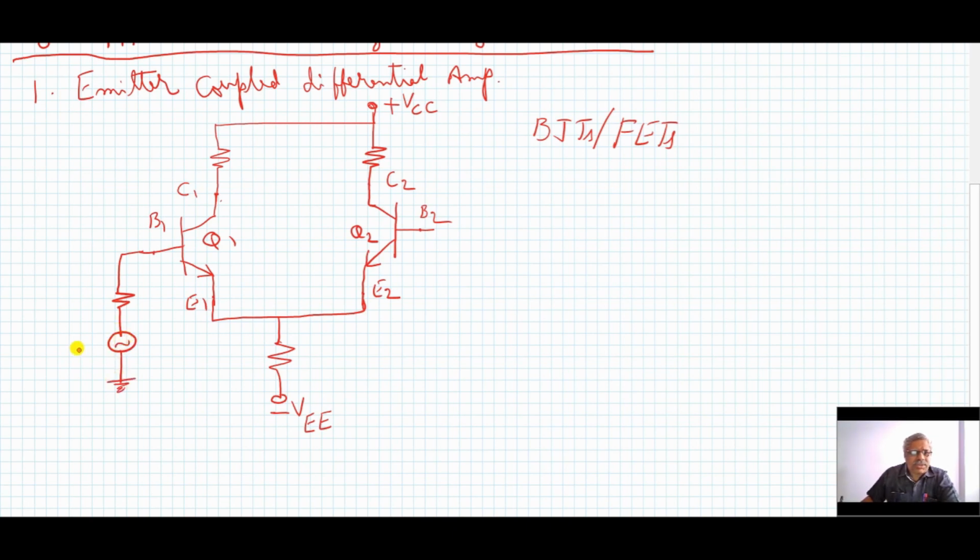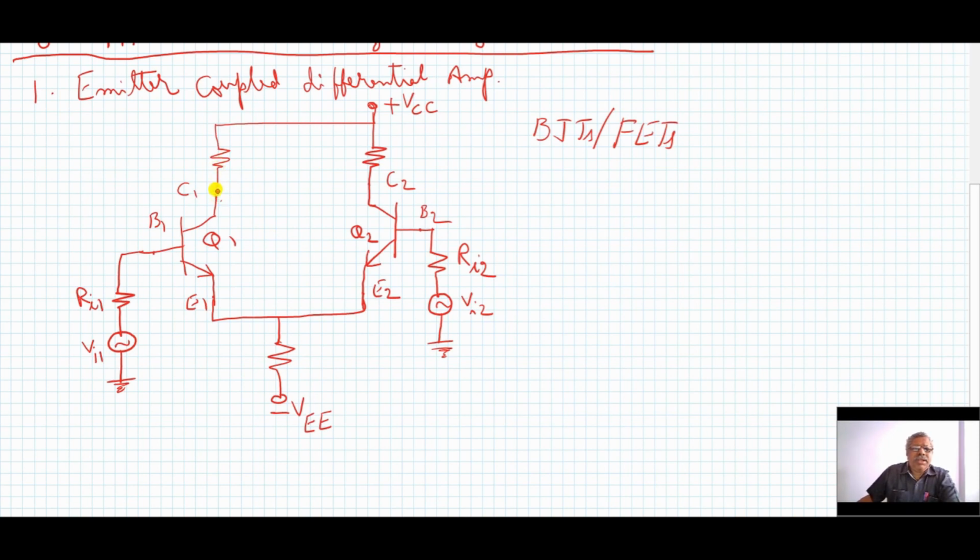So this is the VI1 and the corresponding resistance is RI1, internal resistance. And for the second transistor base, another source signal applied is VI2, and the internal resistance of that is RI2.